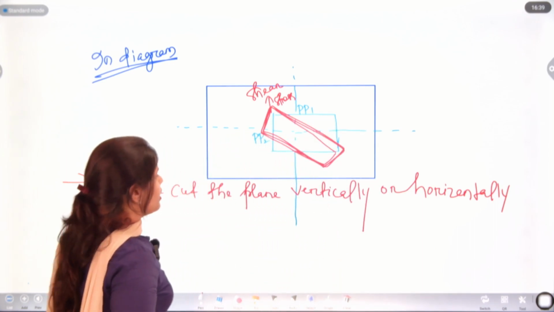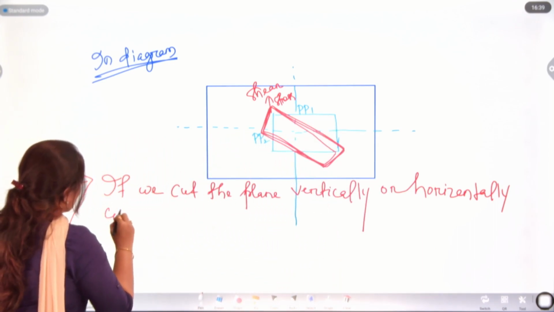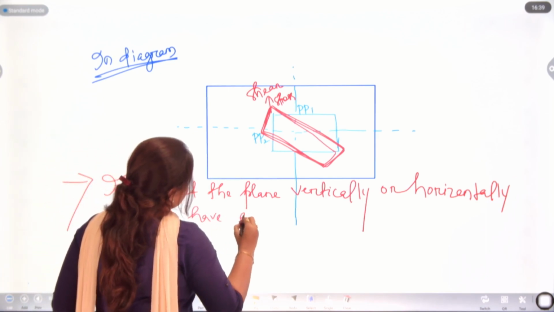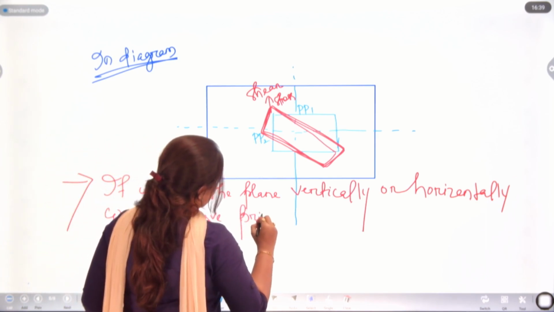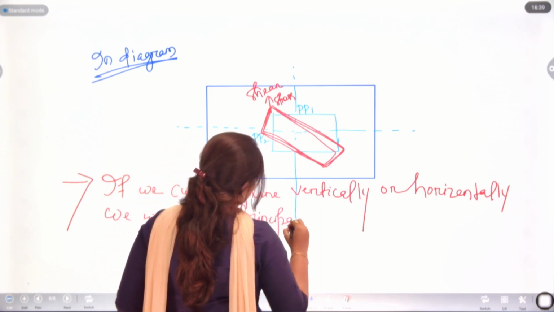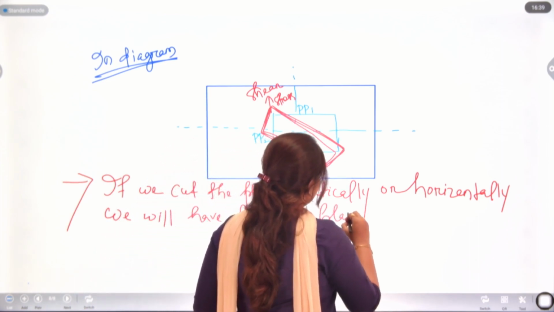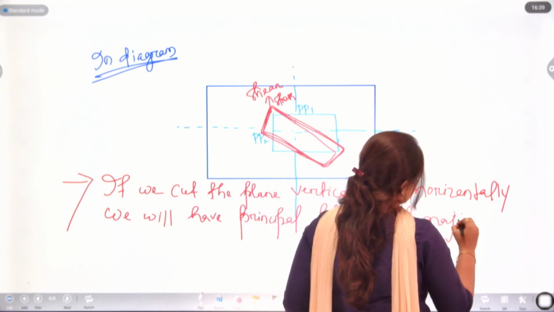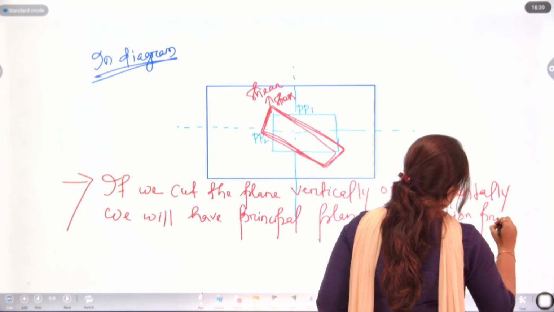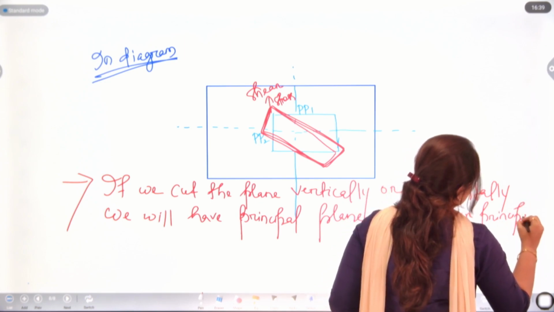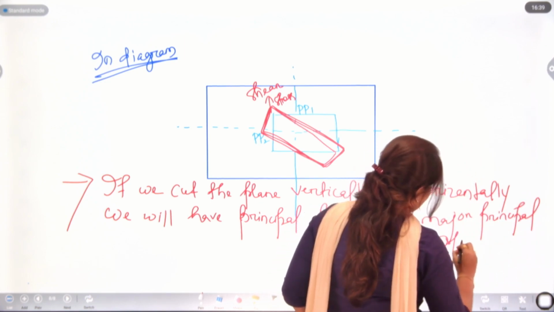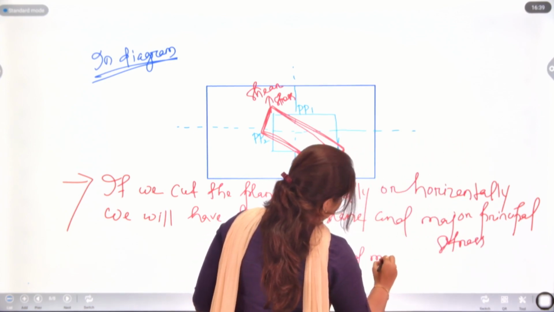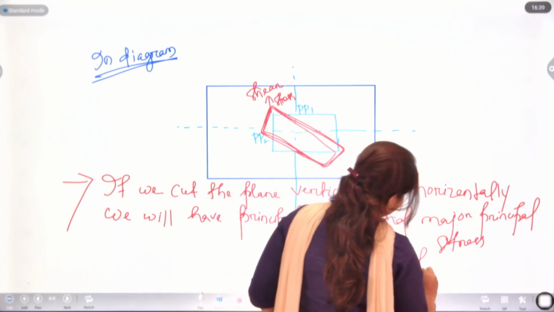If we cut the plane vertically or horizontally, we will have our principal plane, major principal stress and minor principal stress.